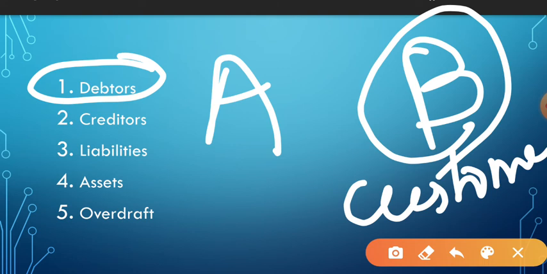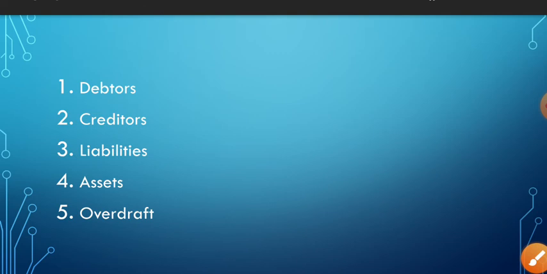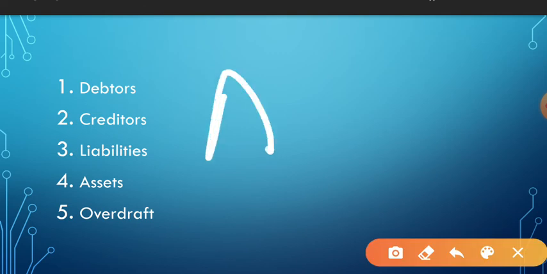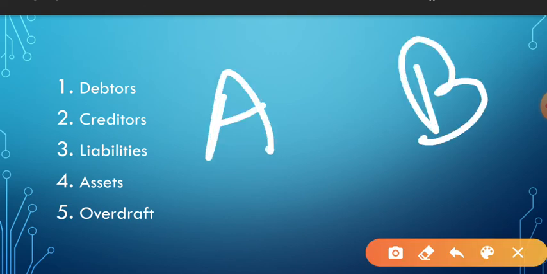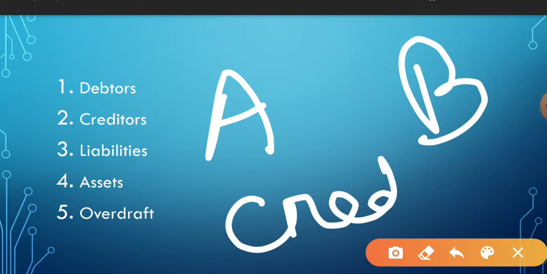Now when will the debtor arise? When Mr. A is selling to Mr. B on credit, like Mr. B has not paid now.